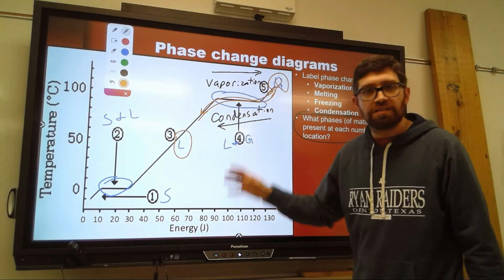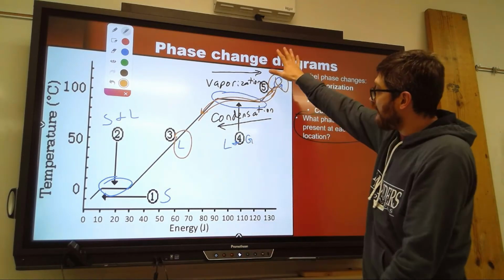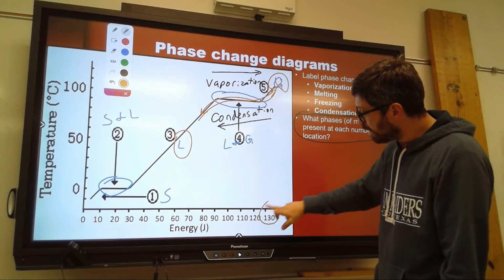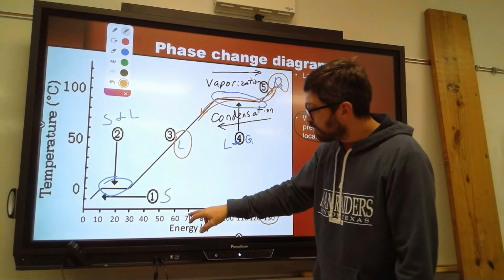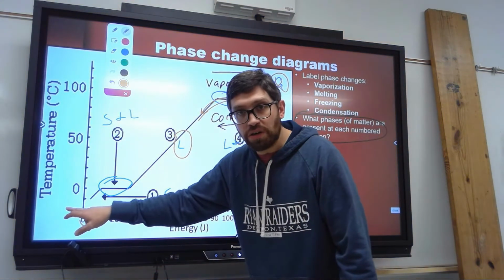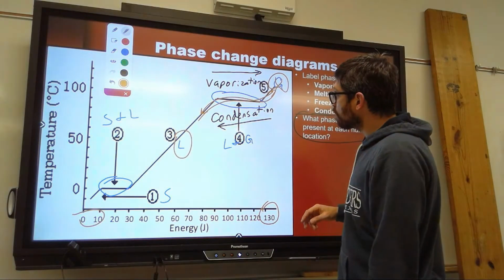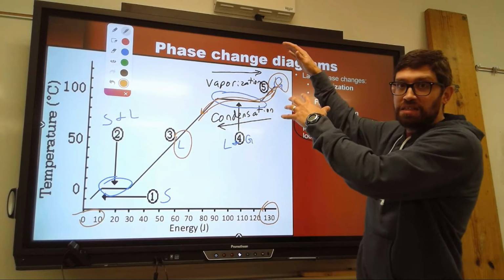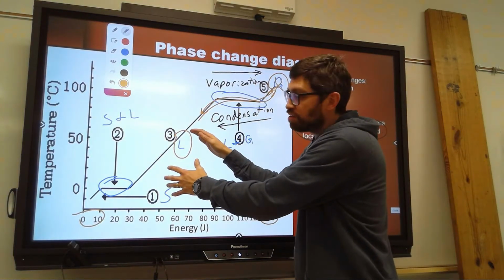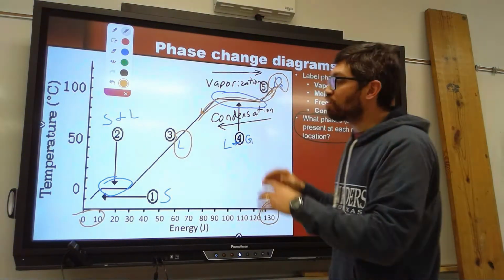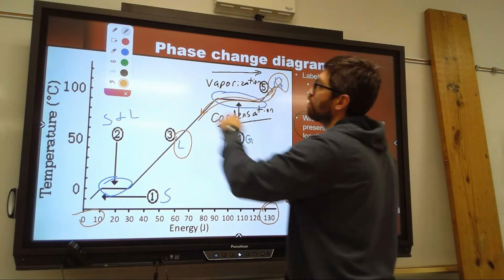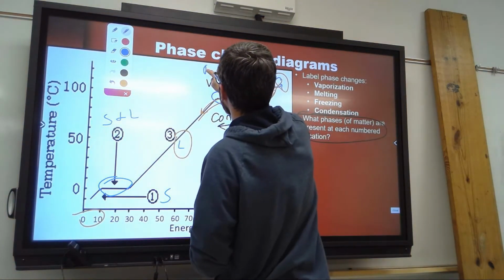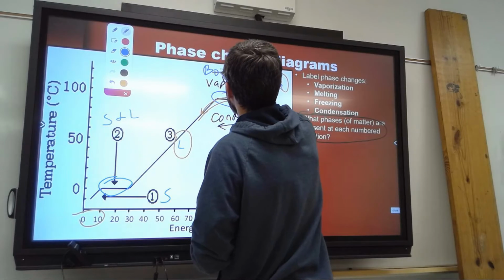If we look at our states of matter, hopefully you can tell that gas is over here on the far right side where we have the highest energy, and then liquid, and then solid where we have the lowest energy. What you need to know is that the gas state is the highest energy state. Liquid is lower energy, solid even lower energy than that. So if we're vaporizing something, by the way, another word for vaporization is boiling.